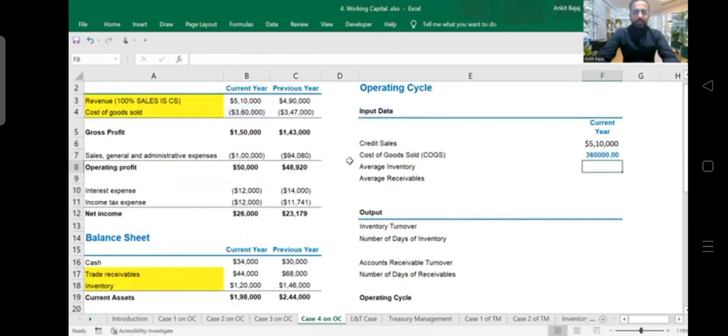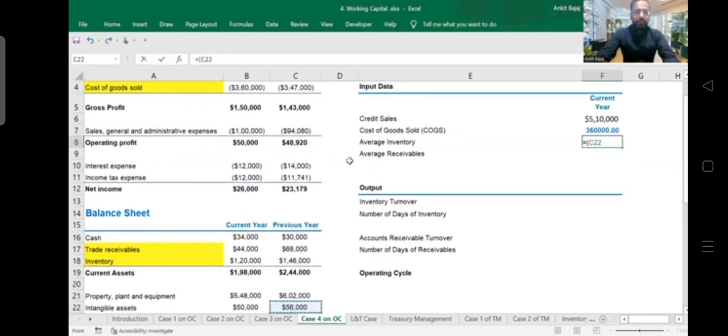And we have to calculate the average inventory. So how will I calculate the average inventory? That is going to be opening inventory plus closing inventory divided by 2, right? Average receivable is going to be opening receivable plus closing receivable, close the bracket, divided by 2, right?